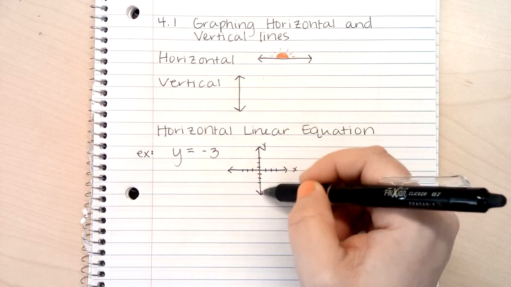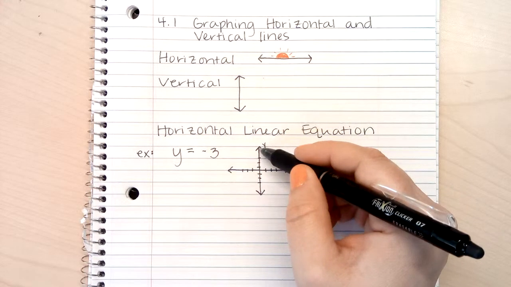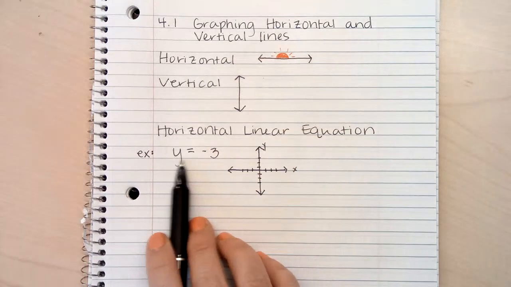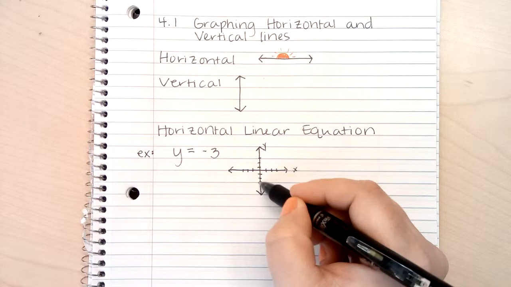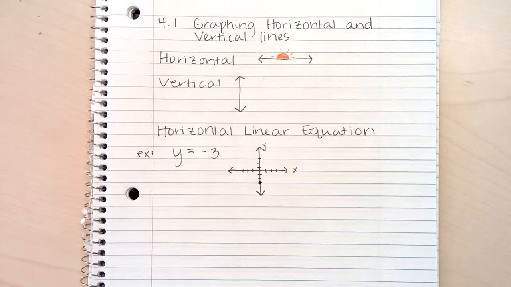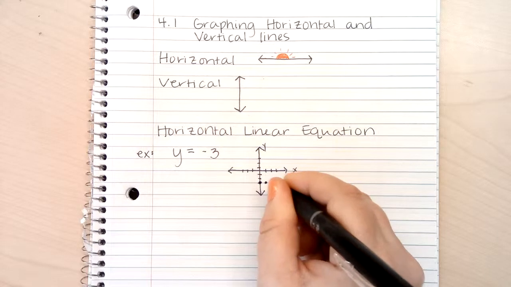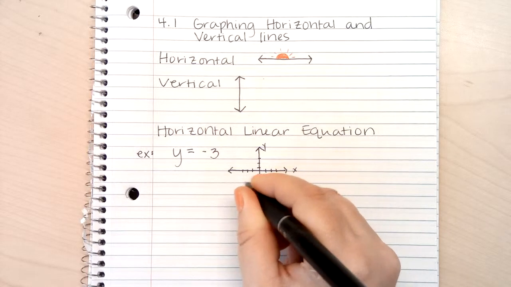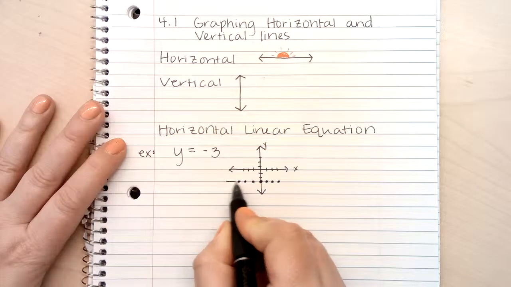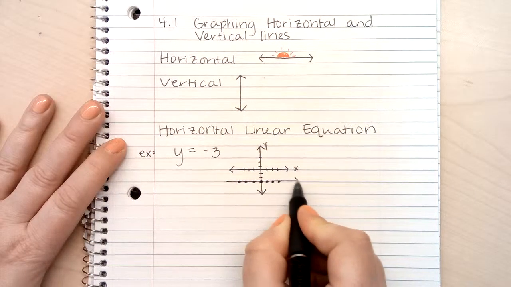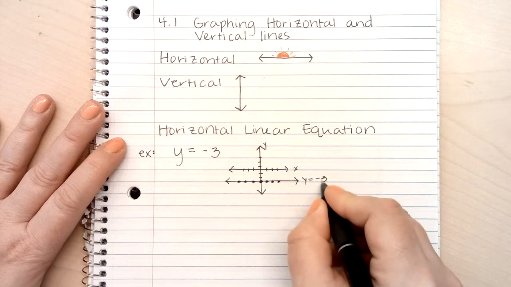Even though this axis is straight up and down, you find the -3 on the y-axis because it says y equals -3. So go find the -3, put a dot, and then you could also keep plotting points left and right. And what you will have is the graph of y equals -3.